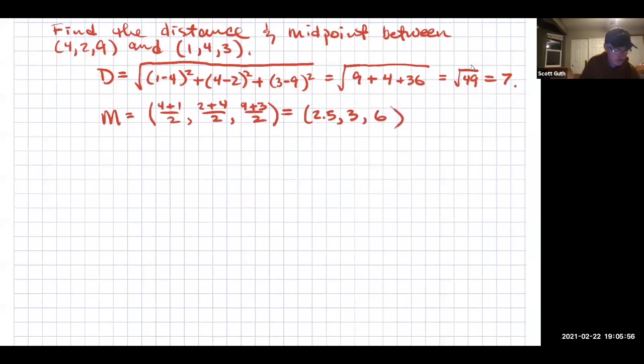So there it is. This is just the most basic intro to a coordinate system and the basic computations you have to do in a coordinate system. Okay, any questions?